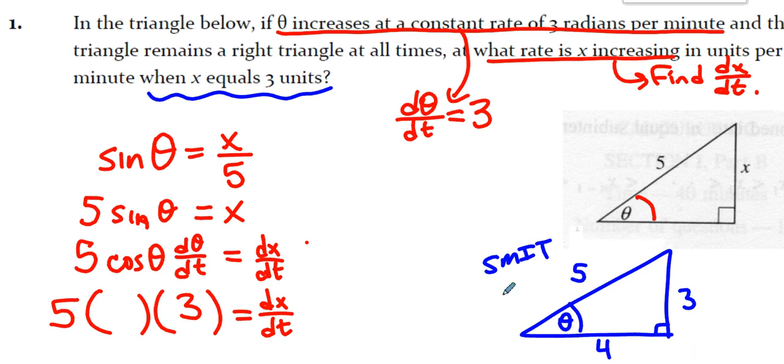And at this special moment in time, the cosine of theta, adjacent over hypotenuse, is 4/5. And that gives us an answer of 12 units per minute.